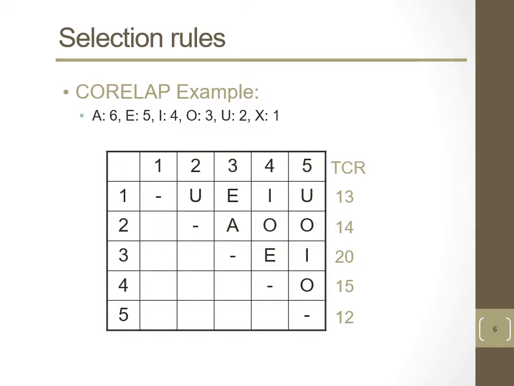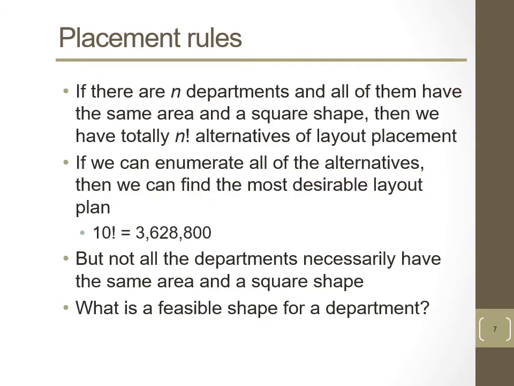We calculate the TCR score for each of the departments. Then in CORELAP, the department with the highest TCR score is selected first, which is department 3. Selection is the first procedure in many of these construction algorithms, and we have seen that in different algorithms like ALDEP and CORELAP, we may use different methods to make this selection.